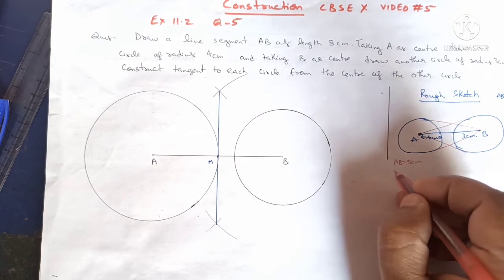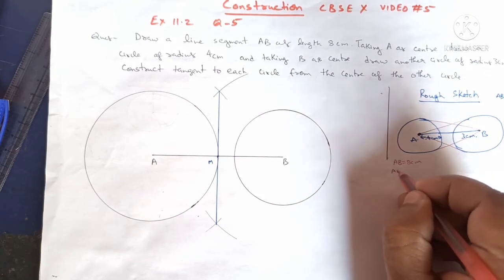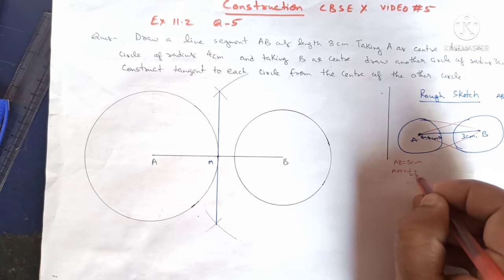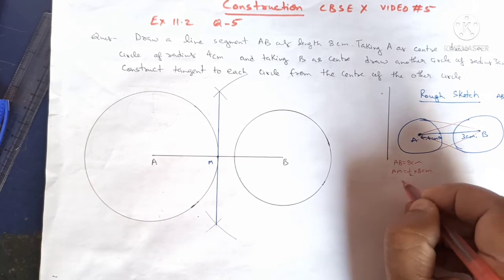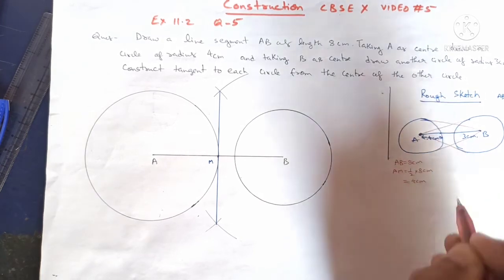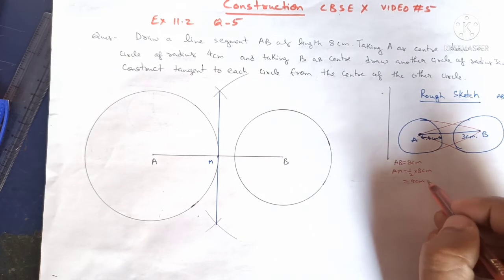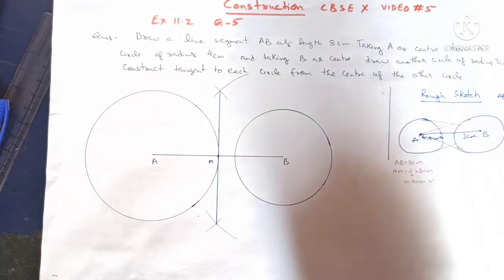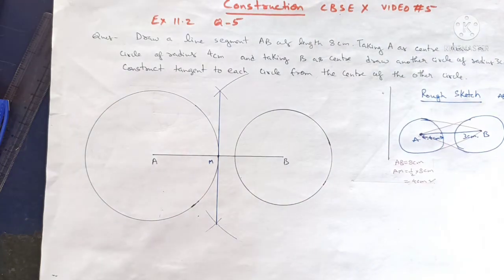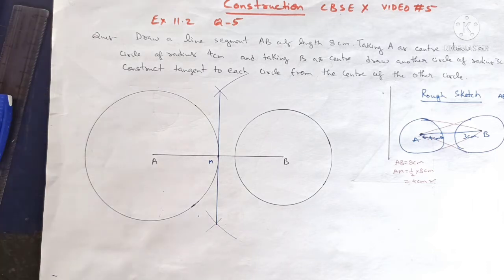So AM should be half of 8, that is 4 centimeter, and this 4 centimeter is the radius of the bigger circle. So it is verified that this point M lies on the circumference of the bigger circle, and it is so.